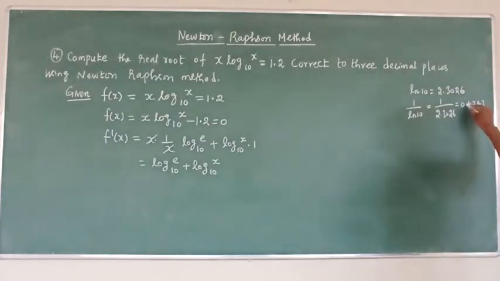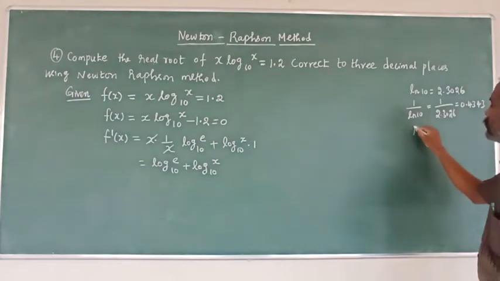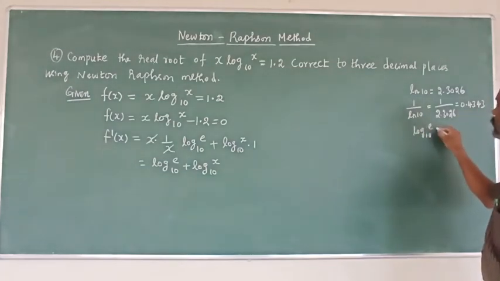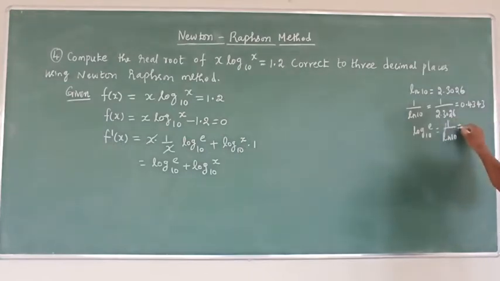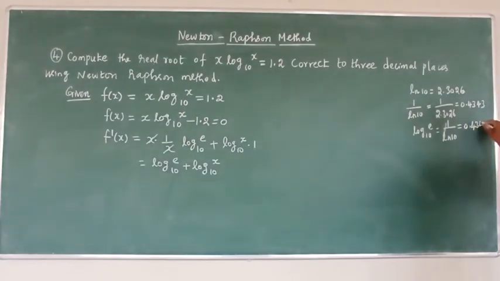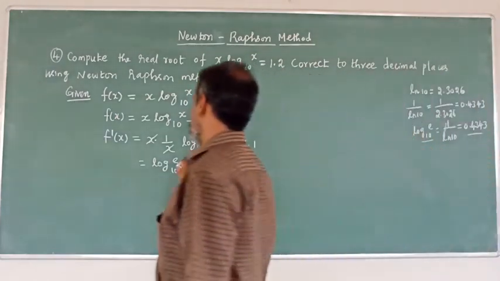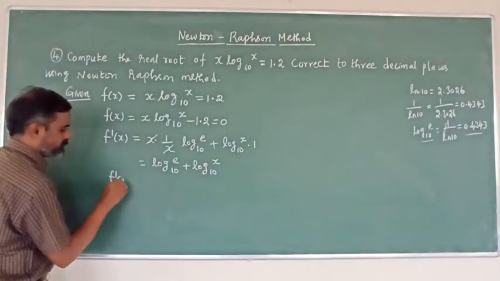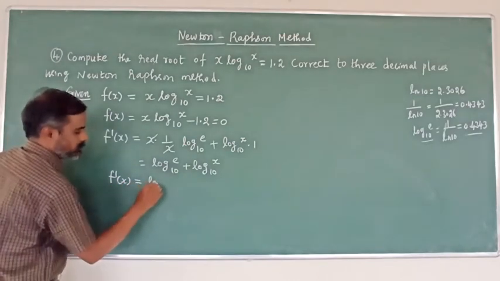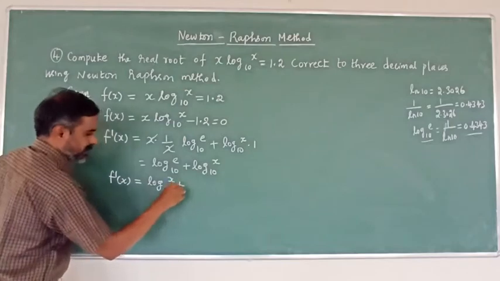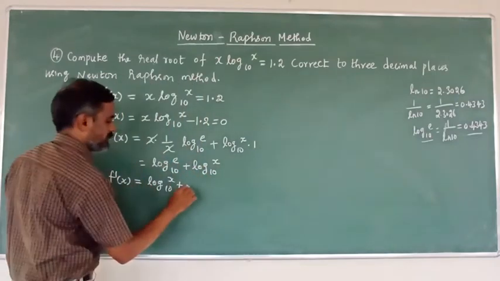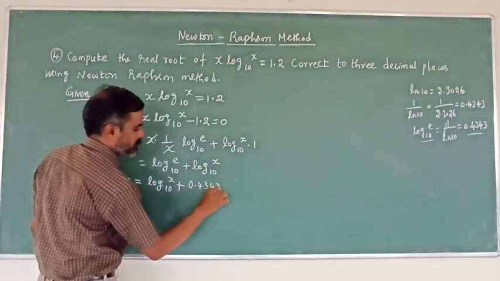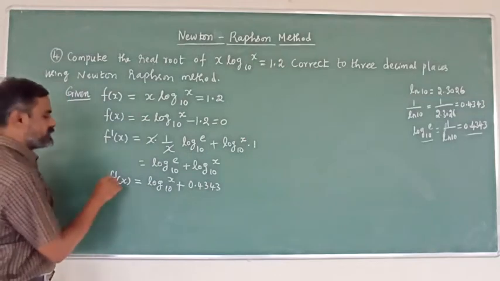So log₁₀ e equal to 1 divided by ln 10, that result 0.4343. Now this value substitute here. f'(x) equal log₁₀ x plus log₁₀ e value 0.4343. Okay, this is for f'(x).